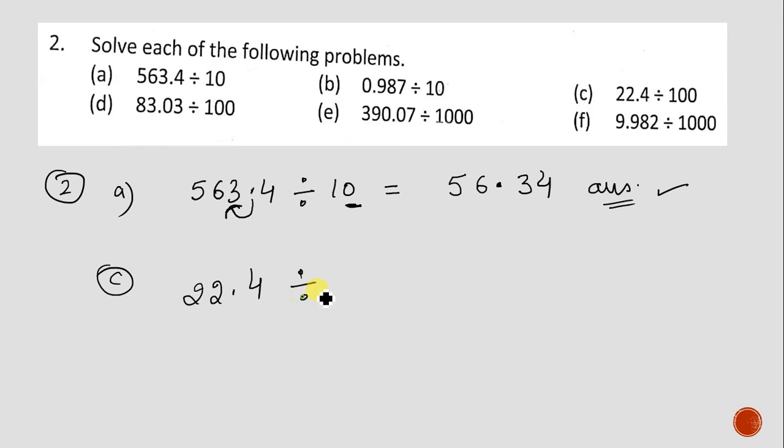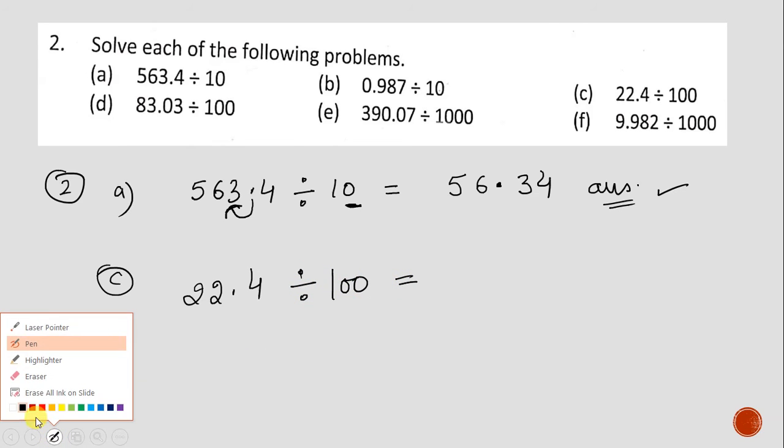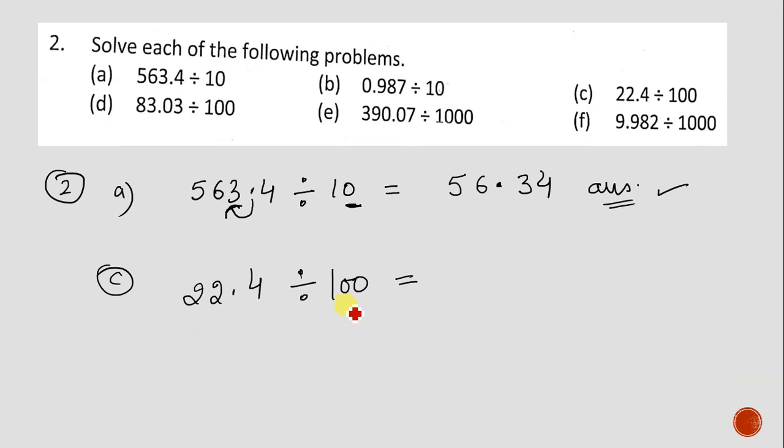22.4 divided by 100. So here again you will cross check how many zeros we have. We have 2 zeros, so that many places you are going to shift. This is your first place, this is your second place, then decimal will be here. So that means 0.224. Clear? Very easy.